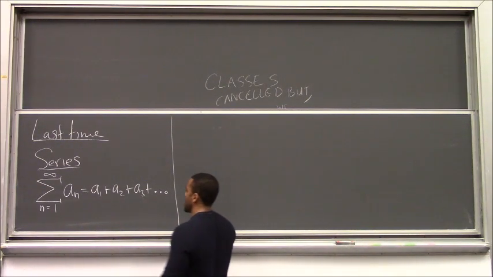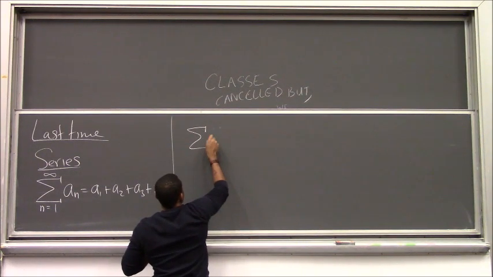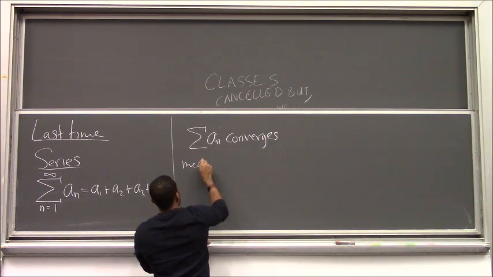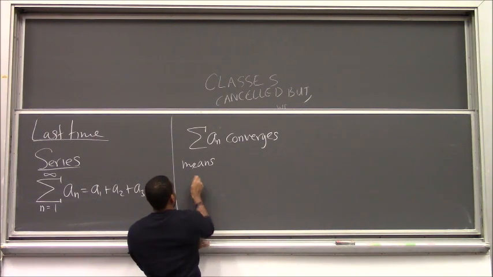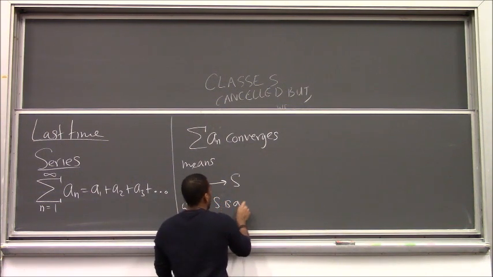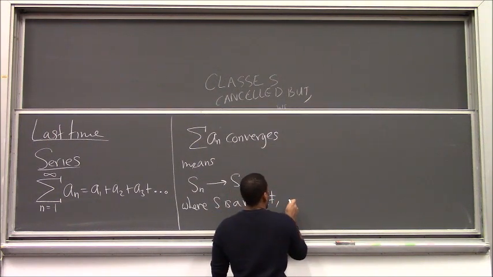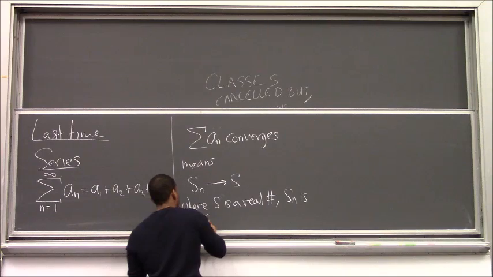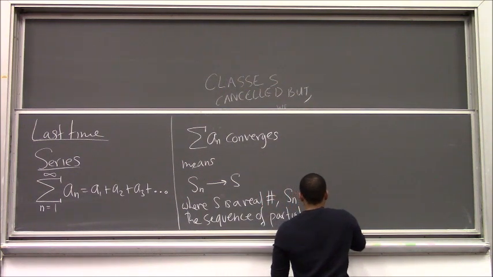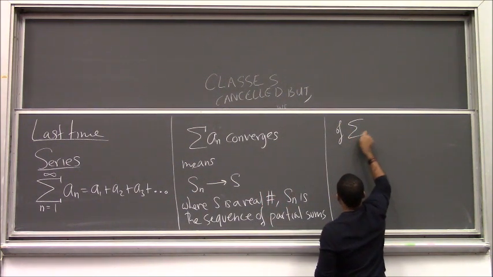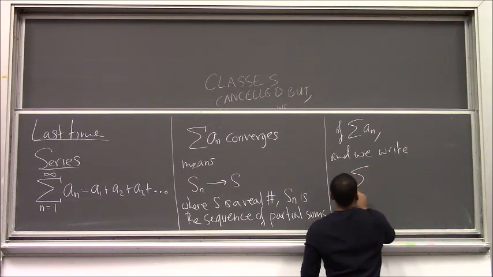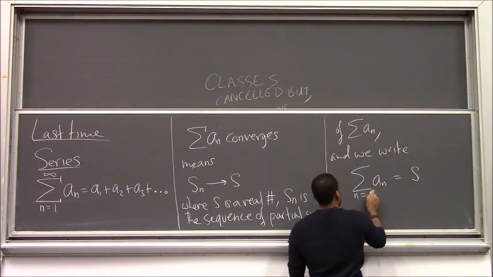We saw what it means for a series to converge. If we see that the series sum of a_n converges, it means S_n approaches S, where S is a real number, and S_n is the sequence of partial sums of a_n, and we write the sum of a_n is equal to S. Right?